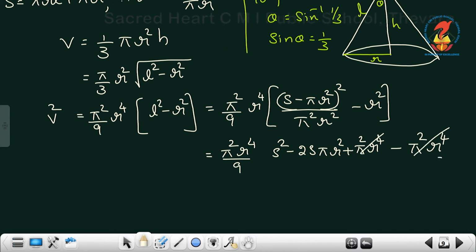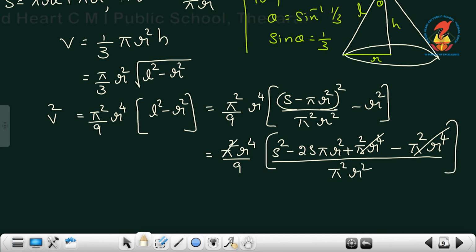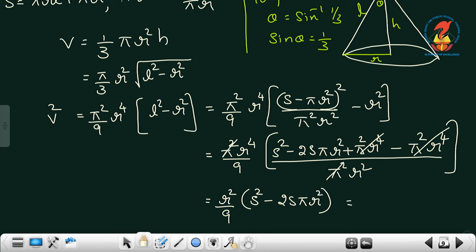So this term and this term cancel. The whole divided by pi square r square. Then that also we can cancel from here. Pi square cancel. r square and r raised to 4 we can cancel. So r square by 9 into only two terms, s square minus 2s pi r square. Or just open it, so it's easy.